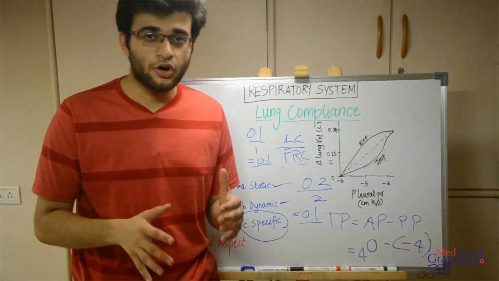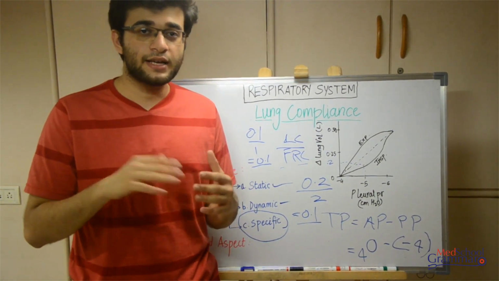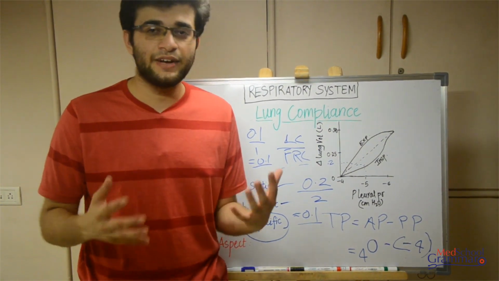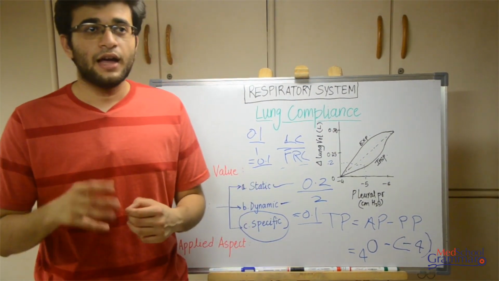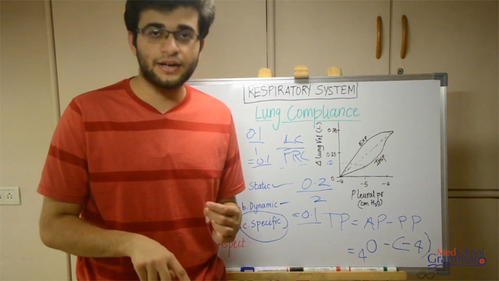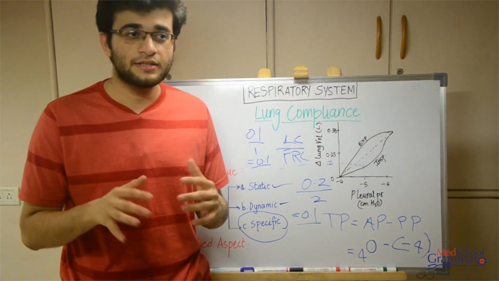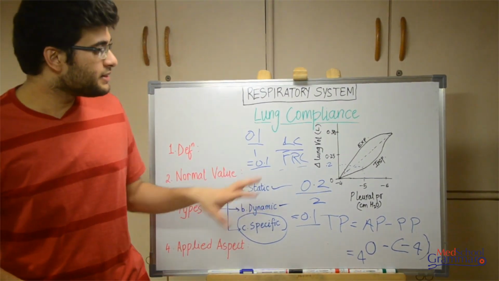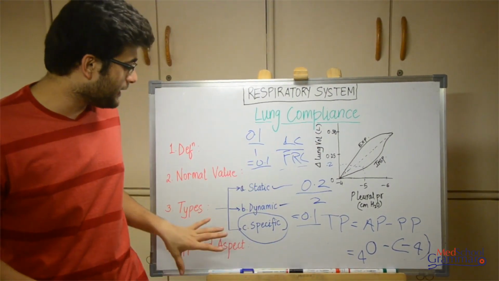Okay, in these disorders, the lung compliance decreases, so it's very difficult to inflate the lungs. Okay, and such disorders are known as restrictive lung disorders. So this completes the lung compliance part, the applied part.